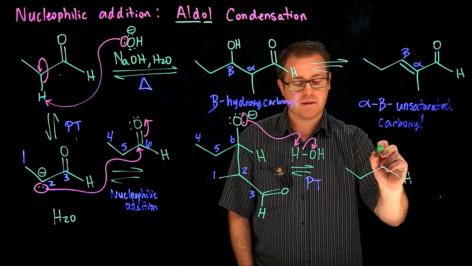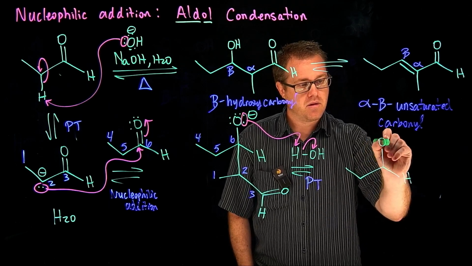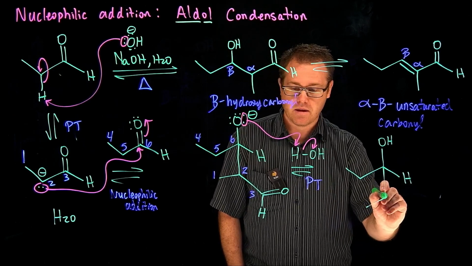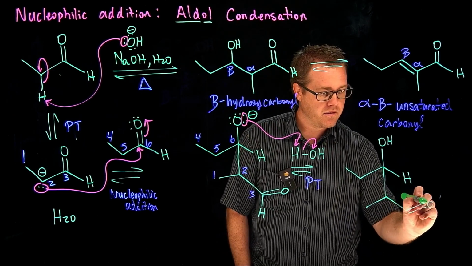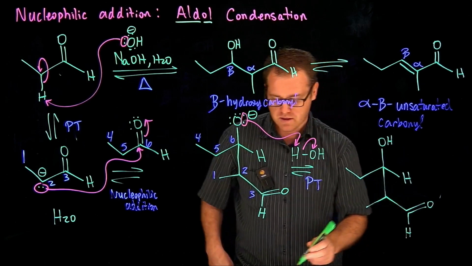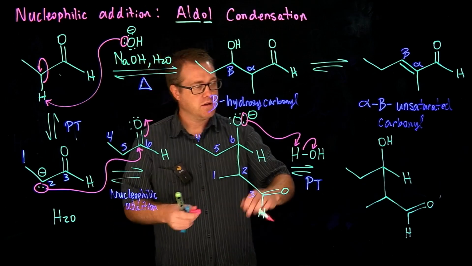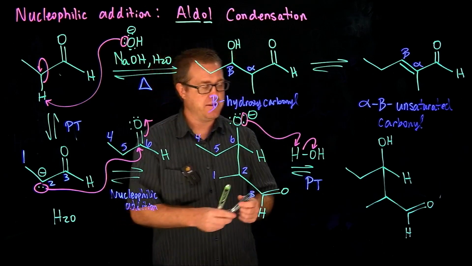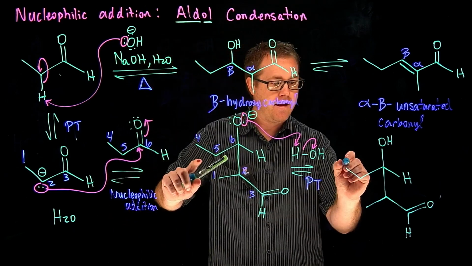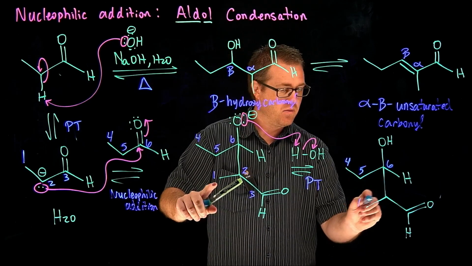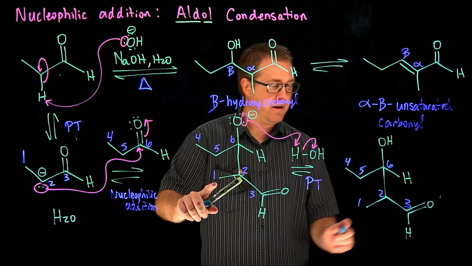Draw it like this. Then we have this guy, boom. Now let's number this so we can see where everything's at. So we have 4, 5, and 6. 1, 2, and 3.